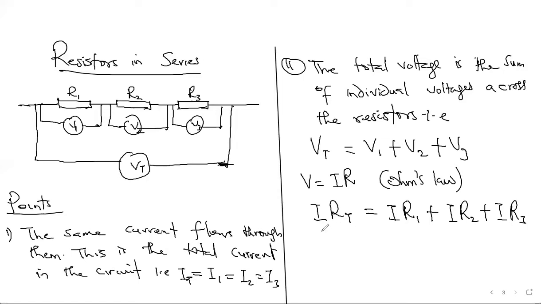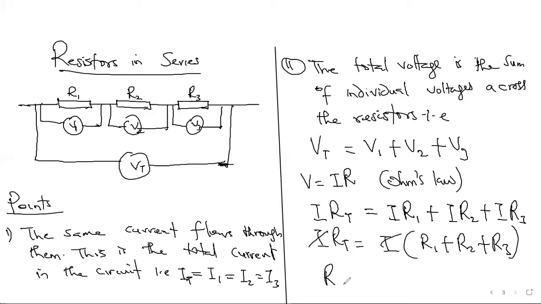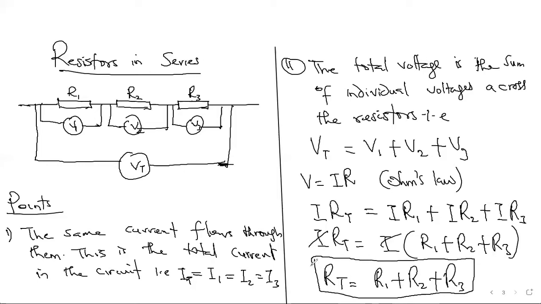Okay, so I RT will be, I can factorize the I out, R1 plus R2 plus R3. So I can cancel the I's on both sides. So RT will be R1 plus R2 plus R3. So that is the formula. It means that when you have resistors in series, you just add them up.